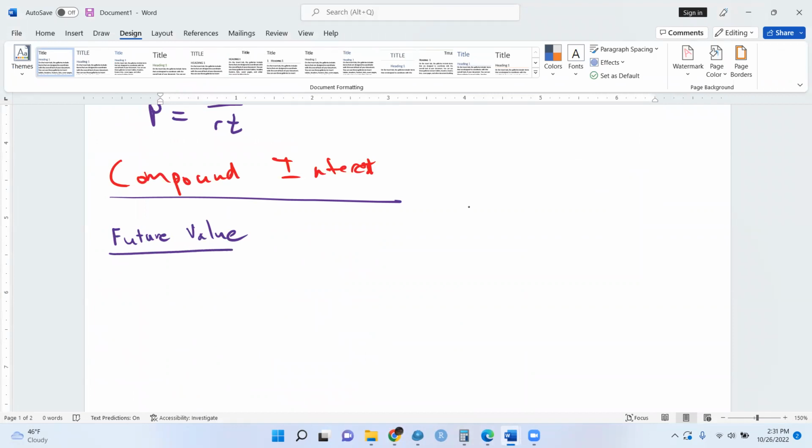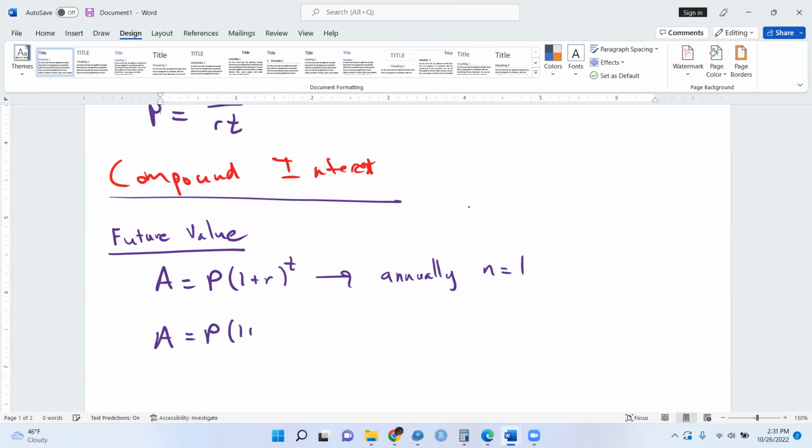Okay, so I'm going to write down the 3 future value formulas that we had for the compound interest. The first one is the least useful one because it's a very specific one. This is compounded annually, meaning n equals 1. The second one is the same thing.